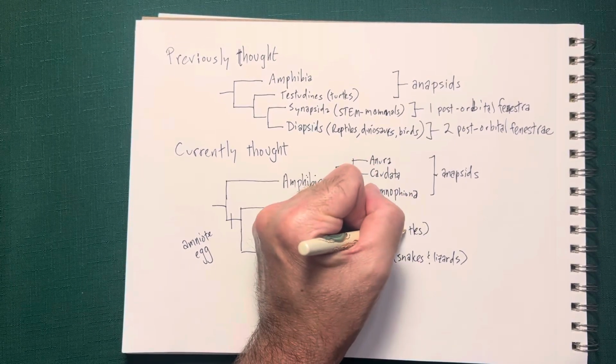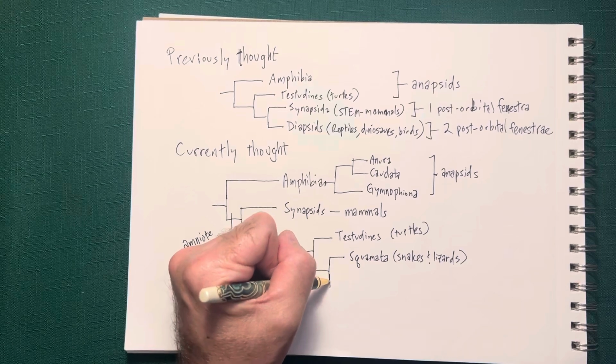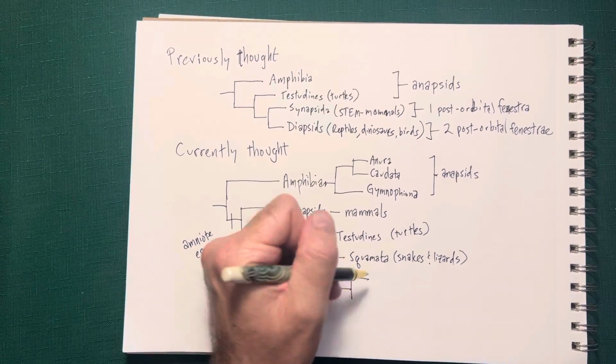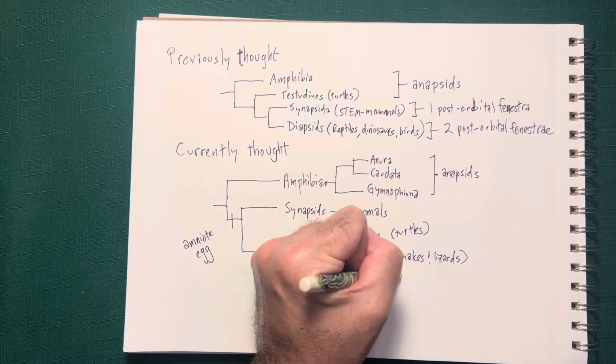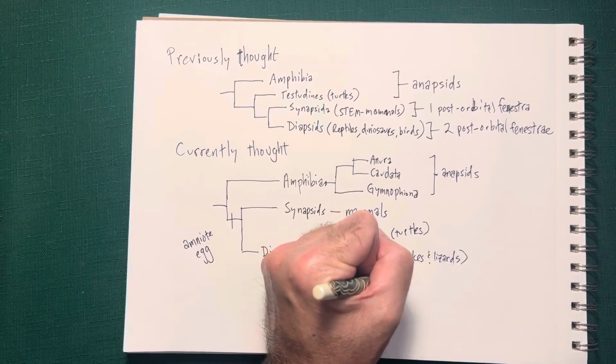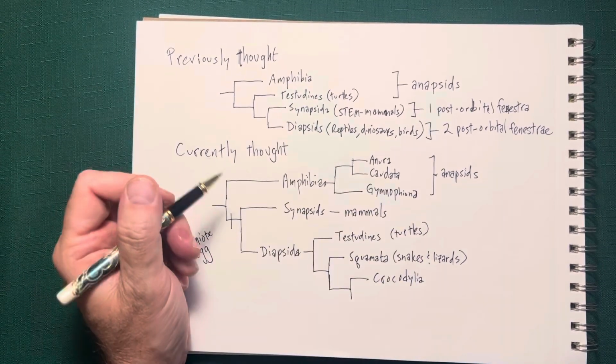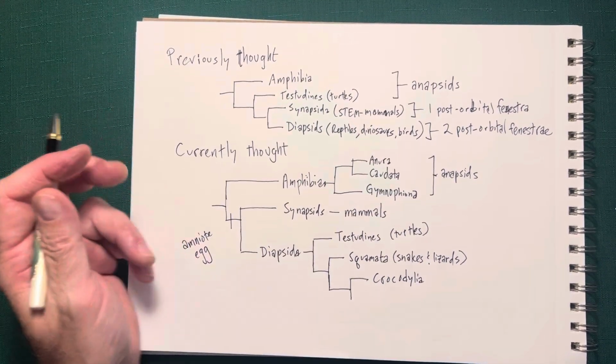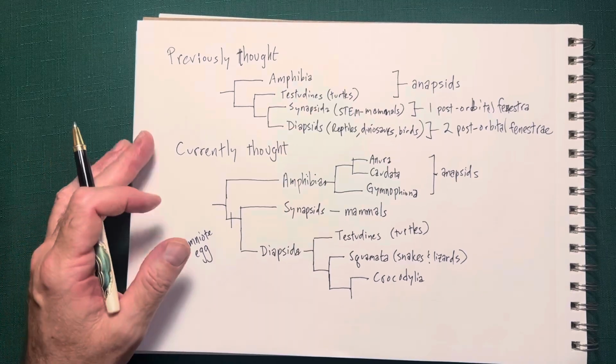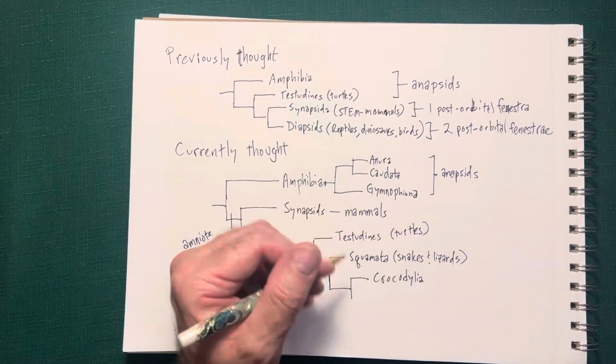Just to re-emphasize that testudines are turtles. We've got crocodilians, crocodilia, which includes caimans, alligators, crocodiles, gharials, a few other things.